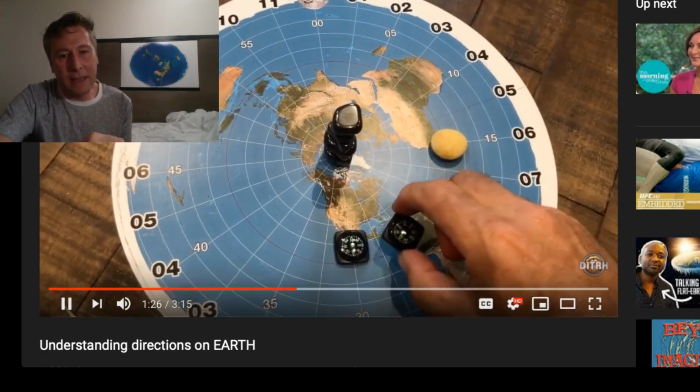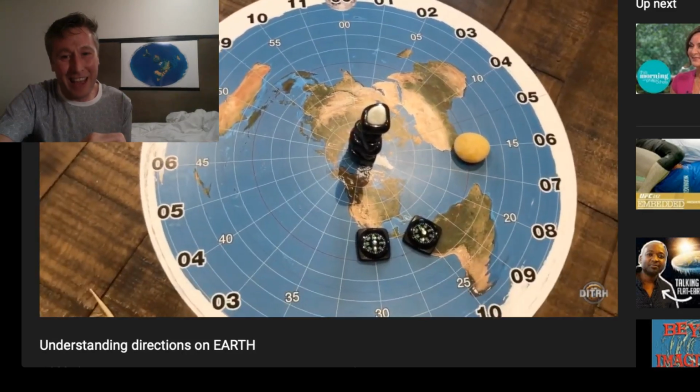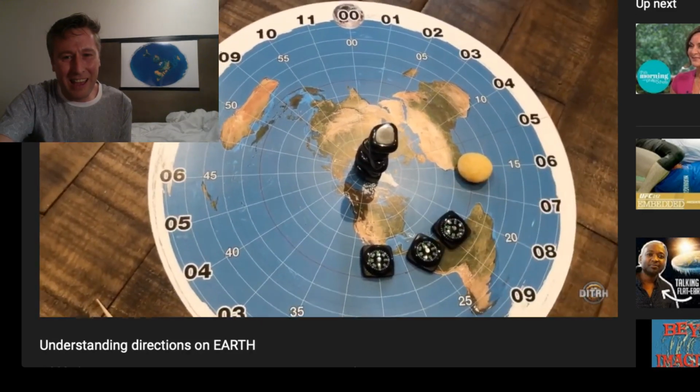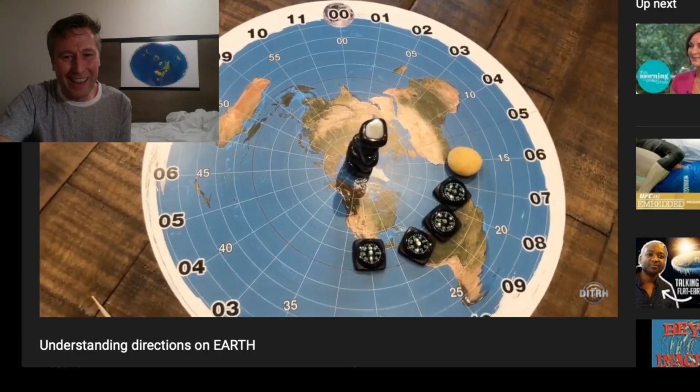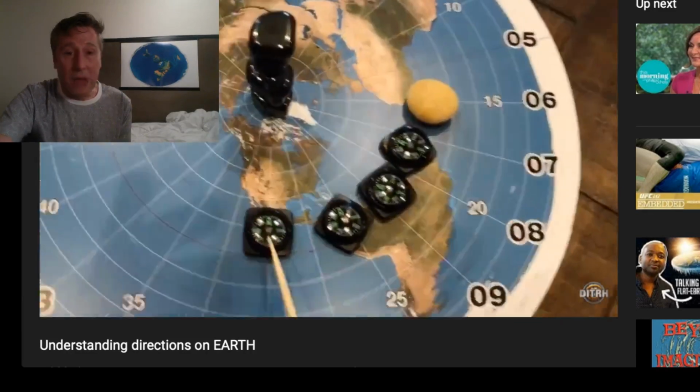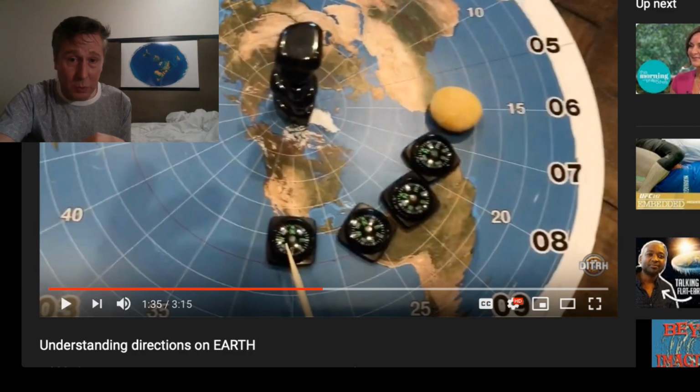If you drop compasses down along the route, you follow the compasses around, and anyone that's traveling that route. Now, you know where east was in that direction, but now change that.